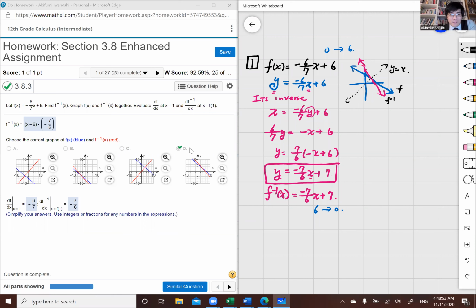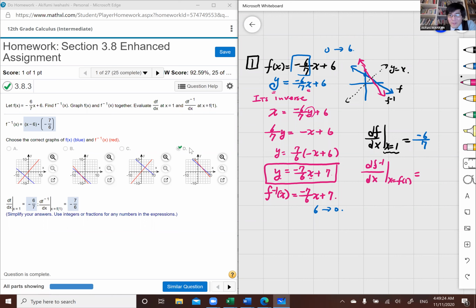Finally, the last question asks, what is df/dx at x equal to 1? No matter where x is, the derivative of a linear function is just its slope. So it is negative 6 over 7. And what is the derivative of f inverse at x equal to f of 1?